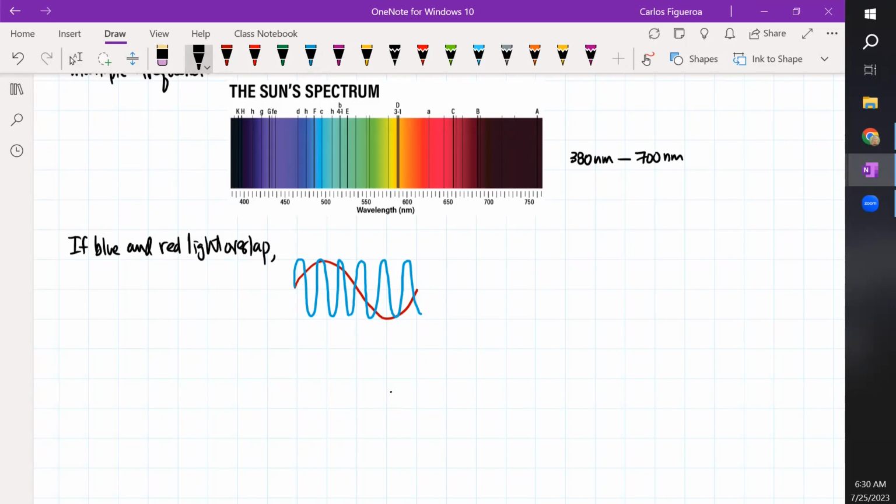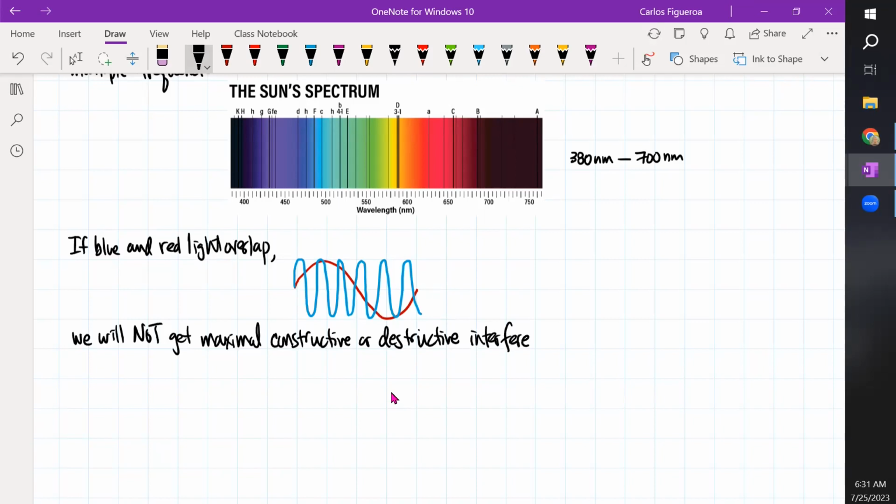So if they overlap, we will not get maximal constructive or destructive interference. We're just not going to get it, at least not in a consistent way.